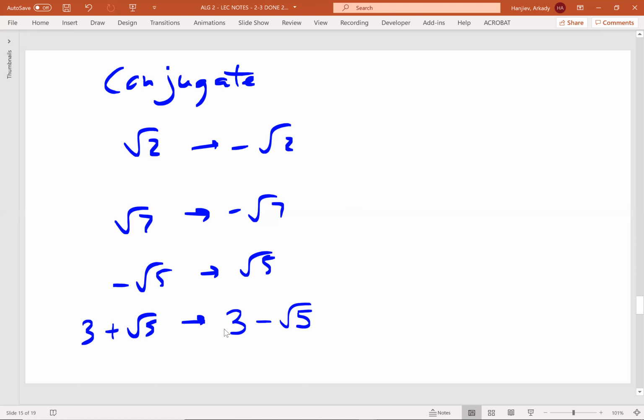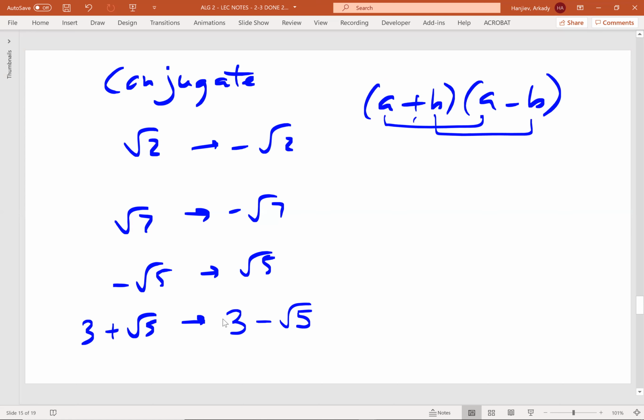Okay, so let's do one more. How do you know if it's a conjugate? A plus b and an a minus b. The two terms are exactly the same, and the only change is the sign in the middle.